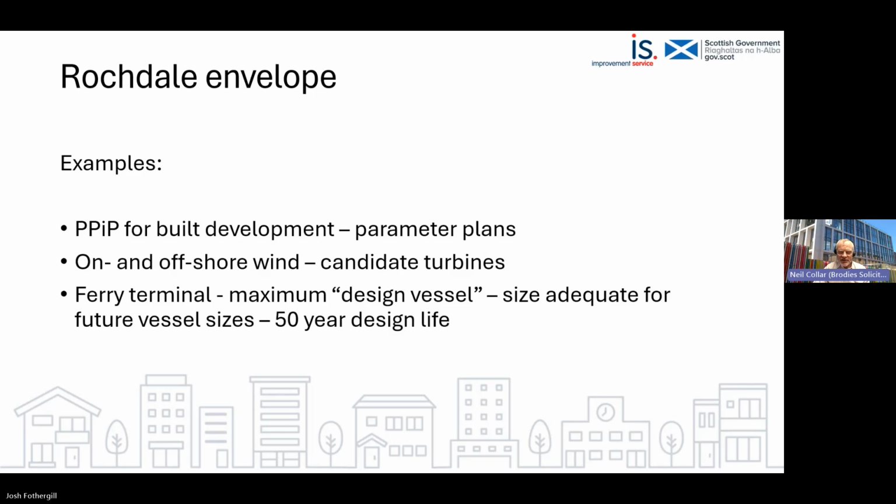So again, it's really just setting out a parameter. The eventual turbine will fit the same parameters as this candidate turbine. So the EIA is effective, even though it's not pinning it down to a final design of turbine.